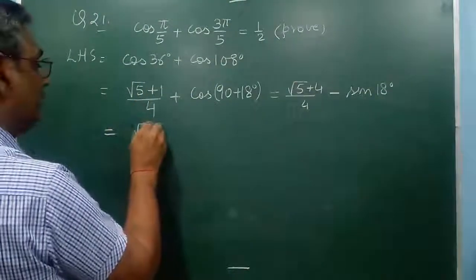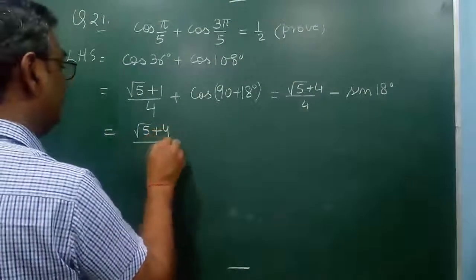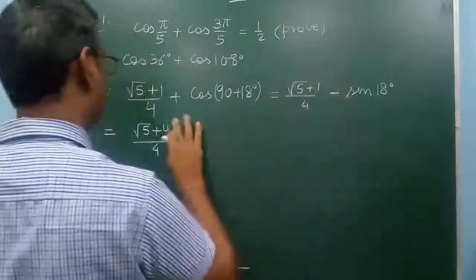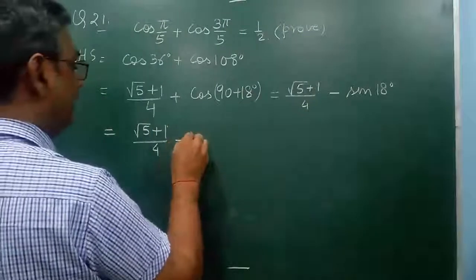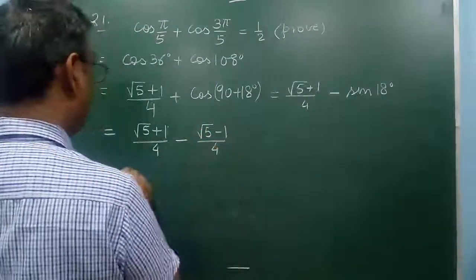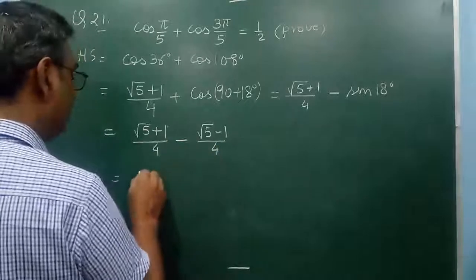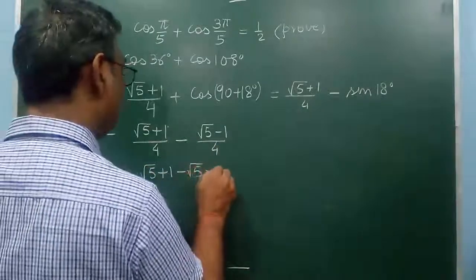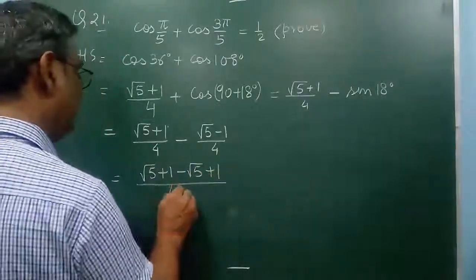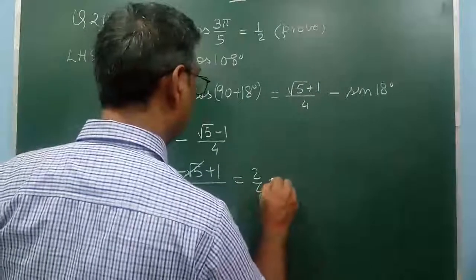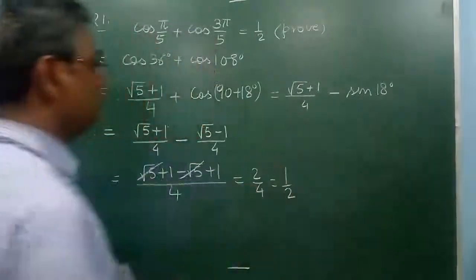So it is (root 5 plus 1) by 4 minus (root 5 minus 1) by 4. We can have the value (root 5 plus 1 minus root 5 plus 1) by 4. Here these two will get cancelled. So 2 by 4, and 2 by 4 is 1 by 2.